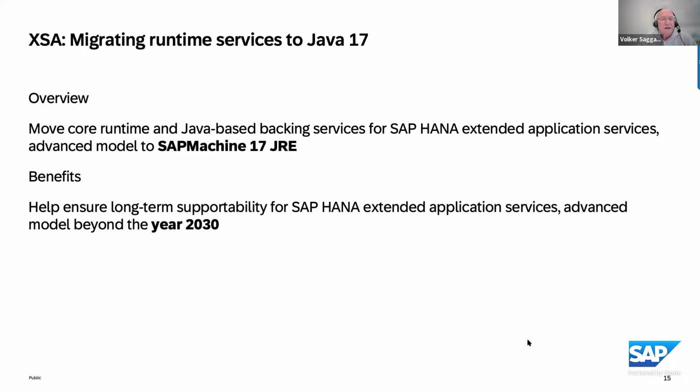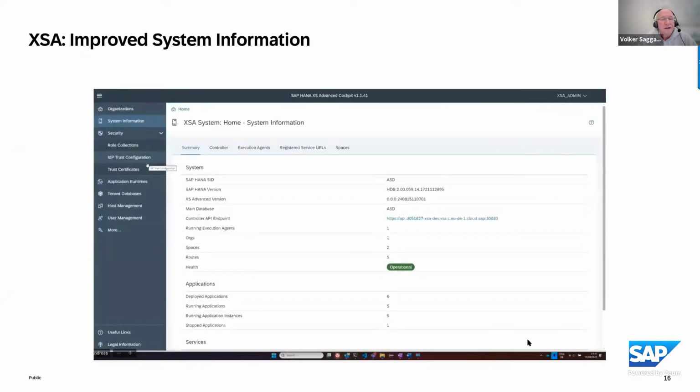The backend itself is running now on Java 17. So we are ourselves also on a quite modern environment. And with this, we have long-term support until 2030 already with this version. So we are very good on that state. Then there are some other things like the system information screen, very detailed. You can look at various things. We will go through that in a moment as well.